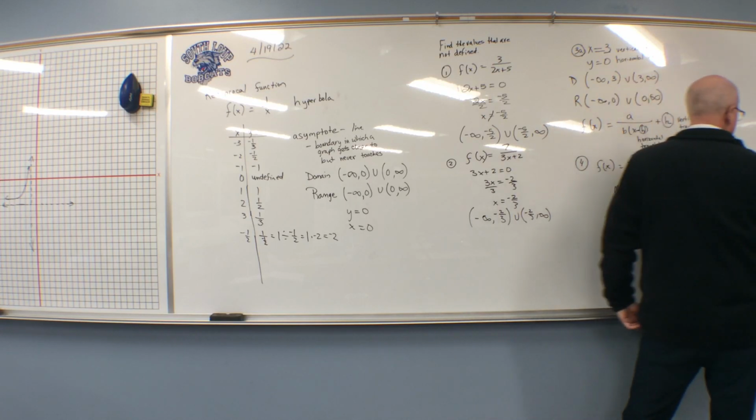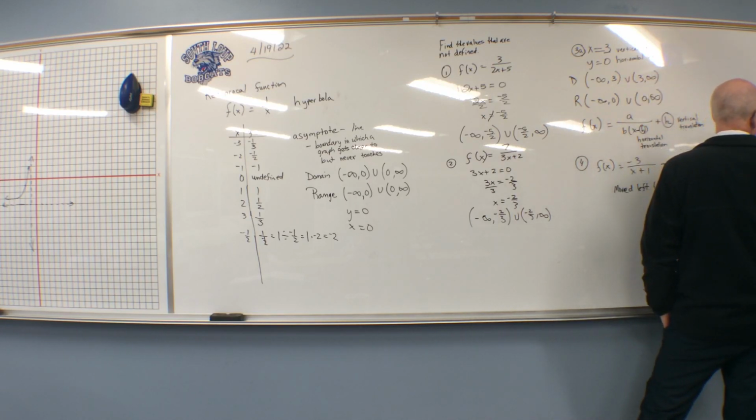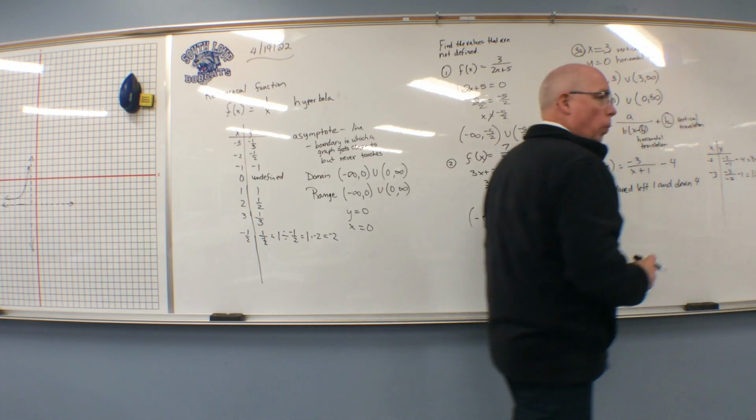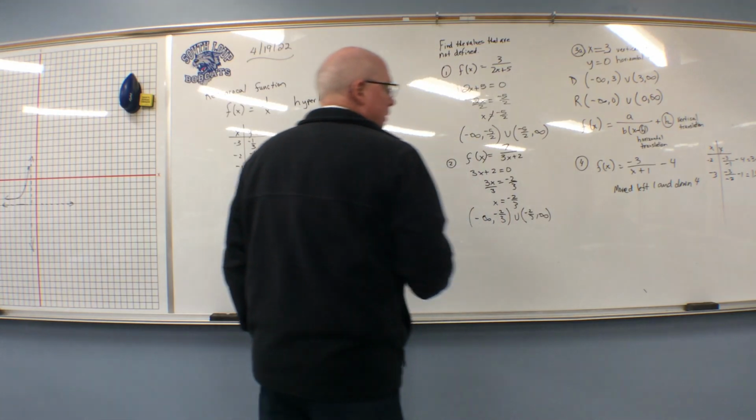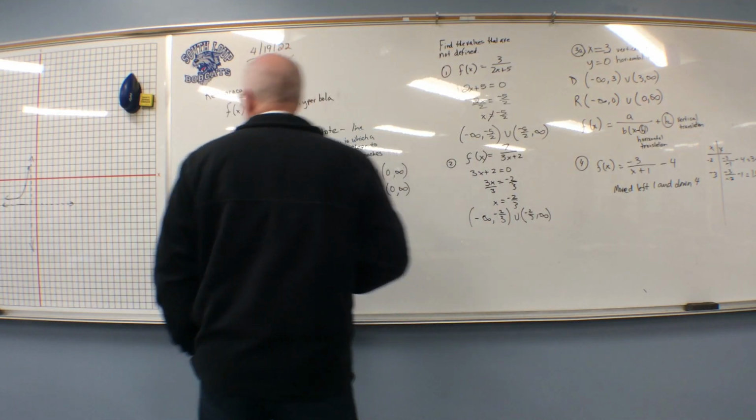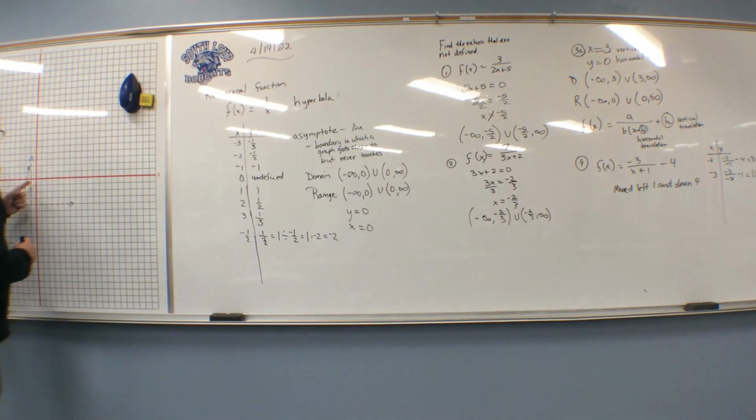So -4 minus 1 1/2 is what? 2.5? Is that right? Yes. Should be. Yeah. Let's see if this works. So at -3, Joey, it's -2.5.